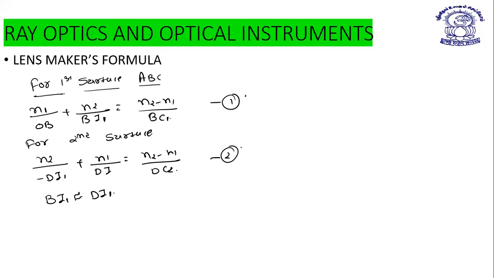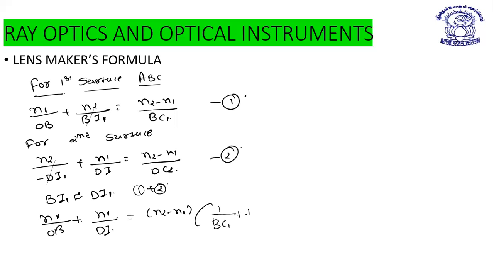So we can write N1 upon OB plus N1 upon DI. We are adding equation 1 and 2. So these two terms will get cancelled out and the resultant will be N2 minus N1 into 1 upon BC1 plus 1 upon DC2. This is equation 3.